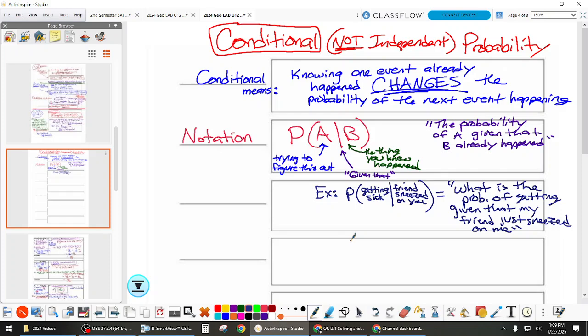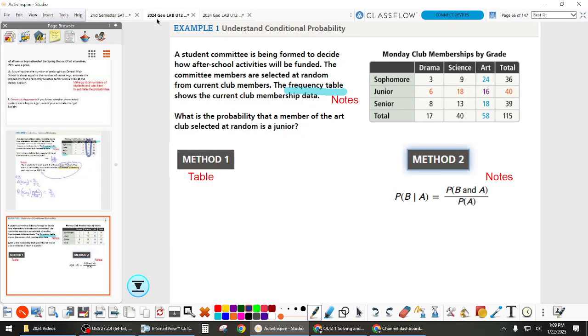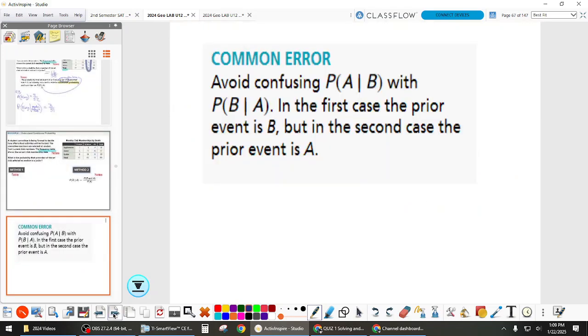Okay, we'll come back and add a couple more things, but let's put this to use. All right, look at this. First of all, do you notice the difference? Are these different, probability-wise? Obviously the writing is different, but do you think the actual value, the answer, would be different if we switch the letters around?